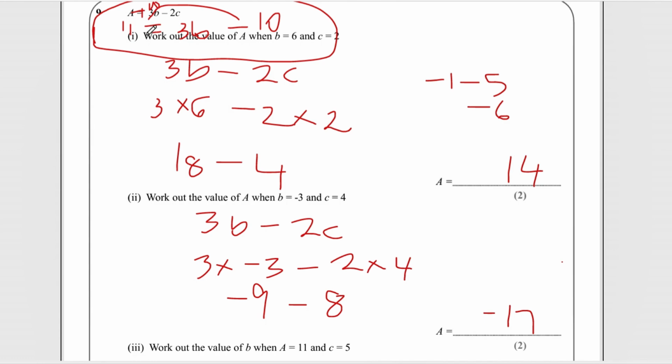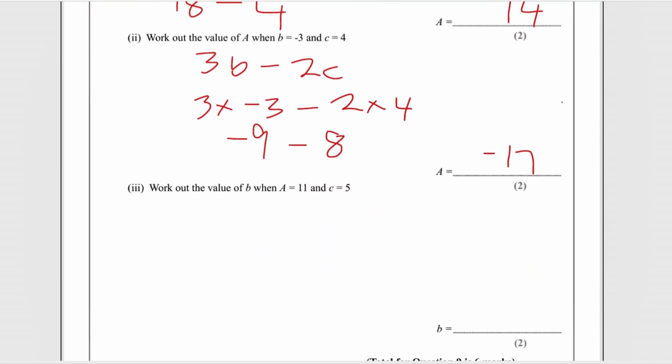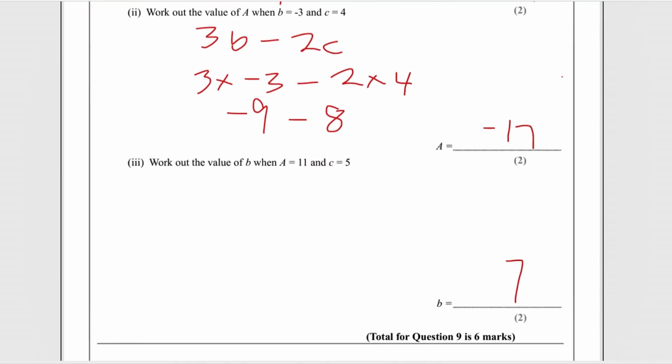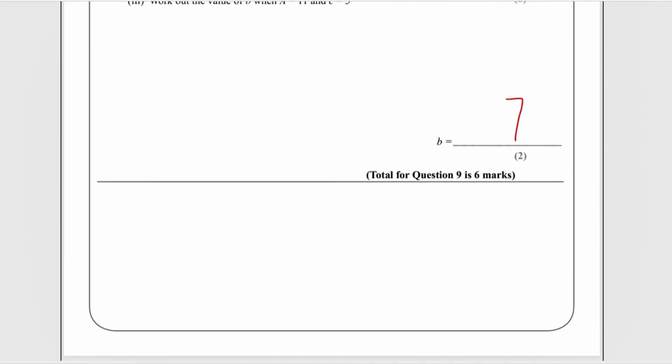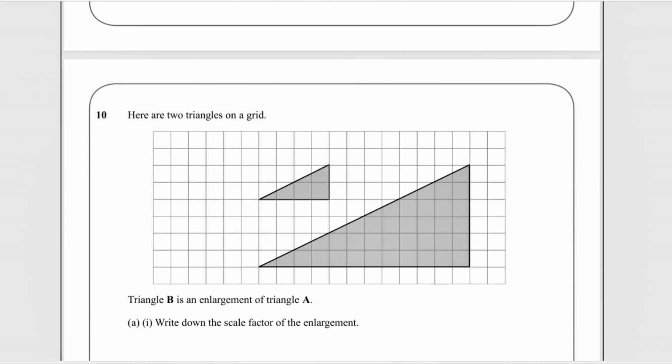So 11 plus 10 is 21. 21 is equal to 3B, and B is equal to 7. Okay, 3 times 7 is 21. So in this case, B is equal to 7. I hope you understand. If you don't get any question, you can take the video back, okay, and get it.